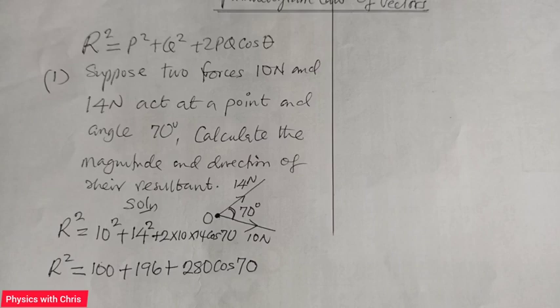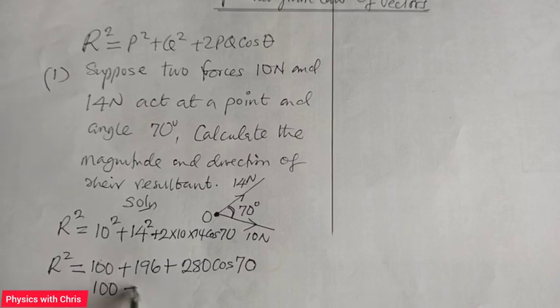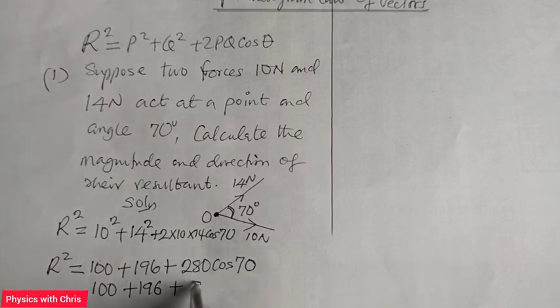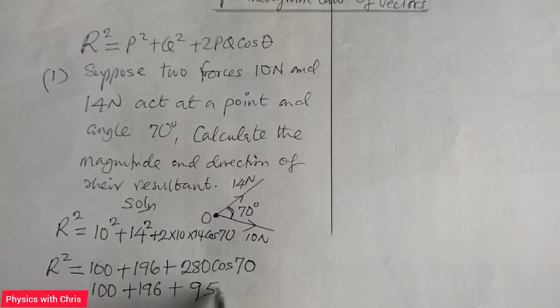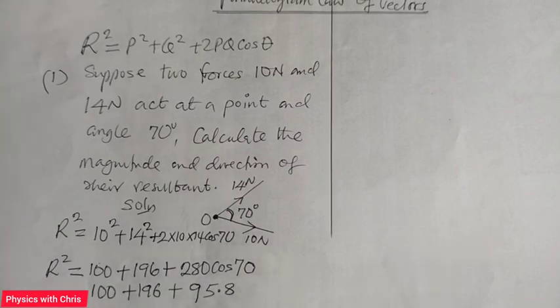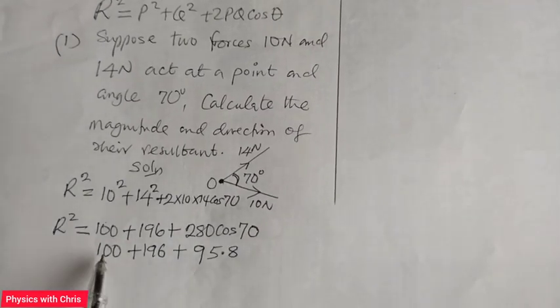So this is 100 plus 196, then I multiply 280 by cos 70 in degrees. That gives me approximately 95.8.